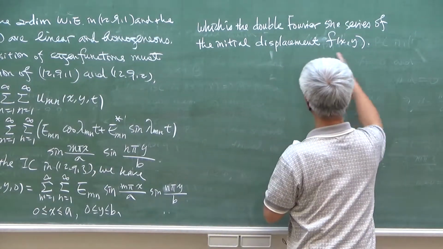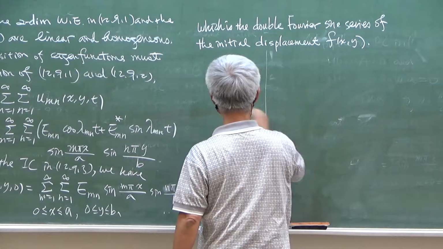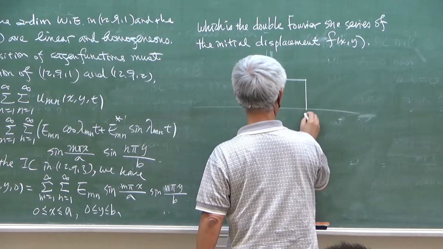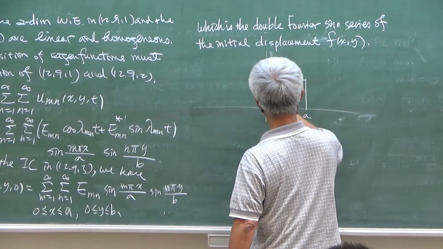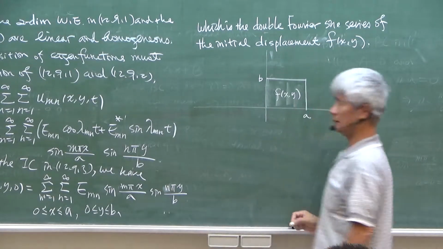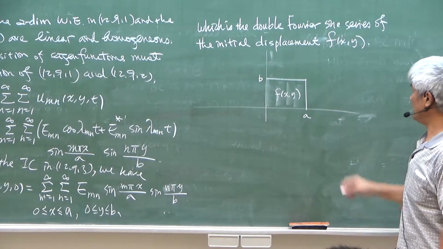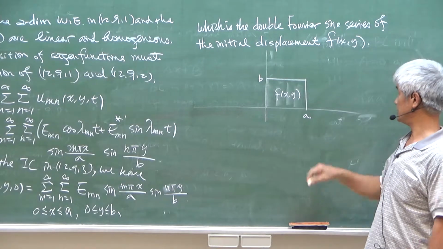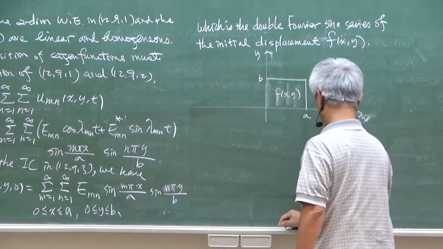So the idea is that we specify a function in this rectangle. So we know f of x y here. We can extend f of x y to a periodic function, a double periodic function in the plane. How do we do that?